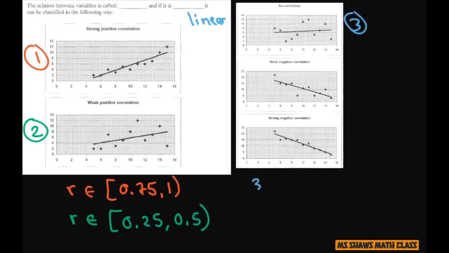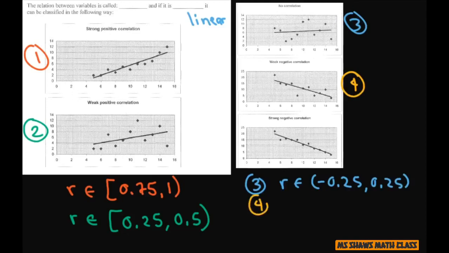So for 3, R is in between negative 0.25 and 0.25. And then for this one, we have a weak negative, and a weak negative would be R is an element of negative 0.5 and negative 0.25, and that one's inclusive.